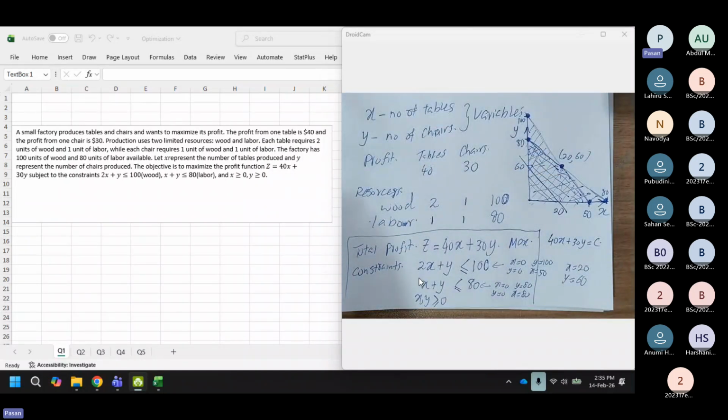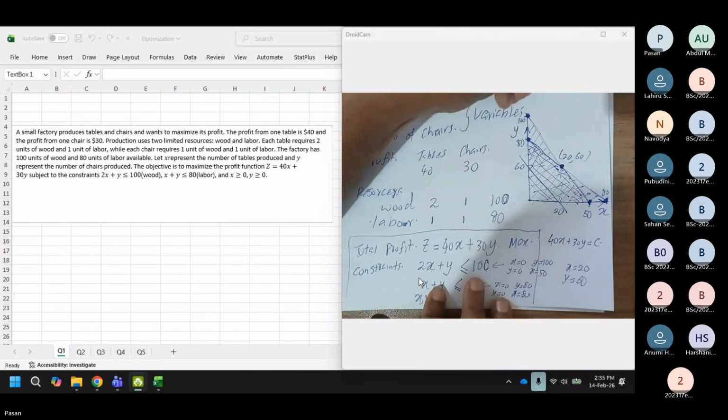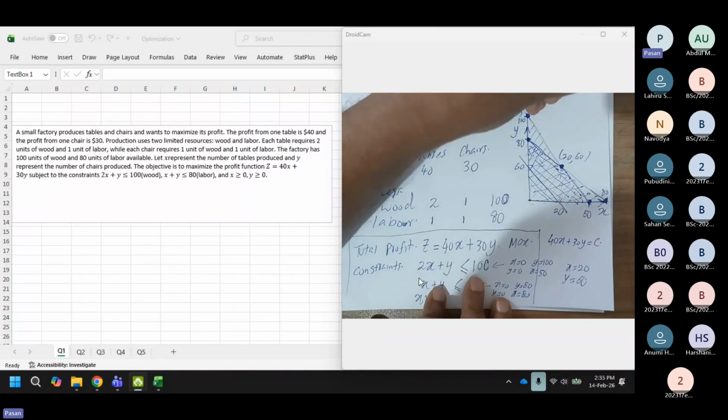So that means the maximum profit we can get is by producing 20 tables and 60 chairs, right? That's the limit that we can have, and the maximum profit we can have is this: 40 times 20 plus 30 times 60.